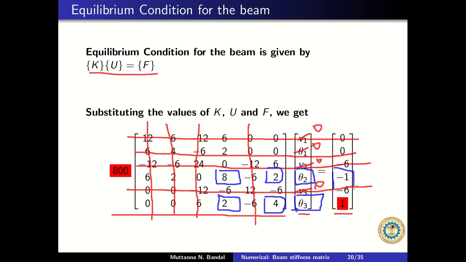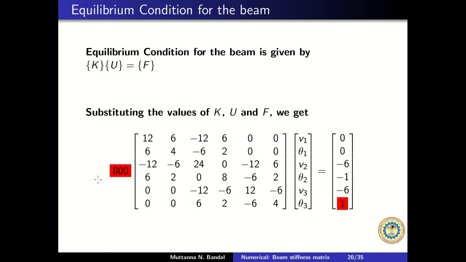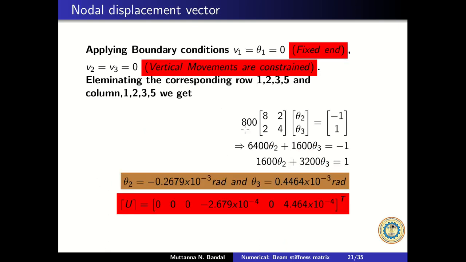Here -1 plus 1, and multiplied by this 800. So I will take all these values and form a new matrix as 800, 8, 2, 2, 4, and theta 2, theta 3 is equal to -1 and +1.